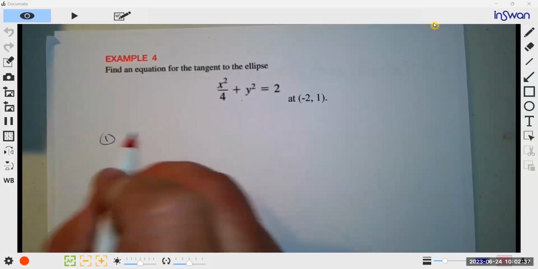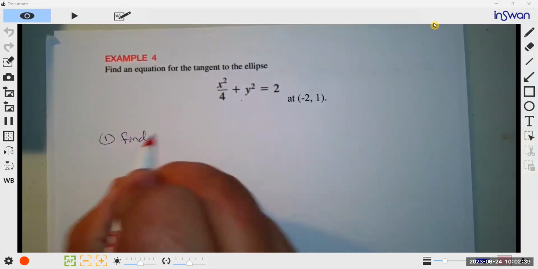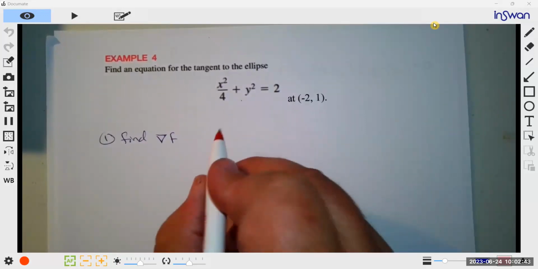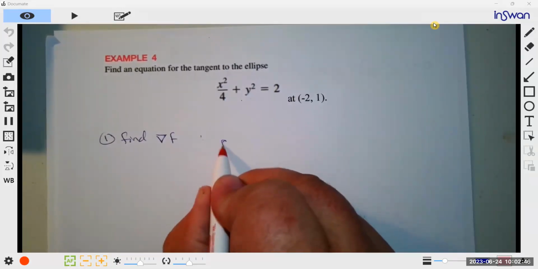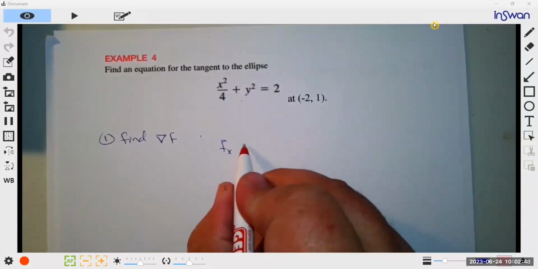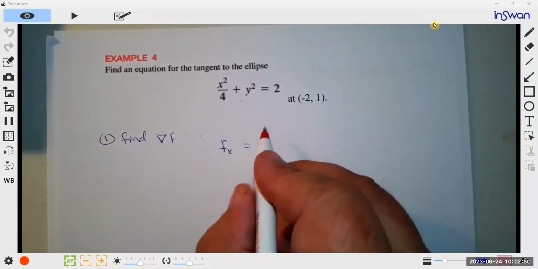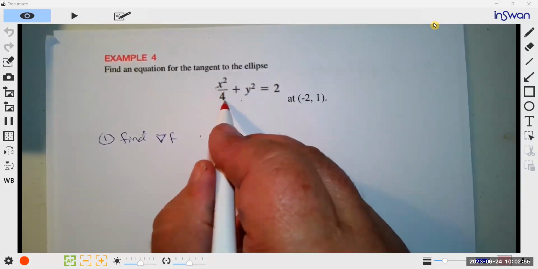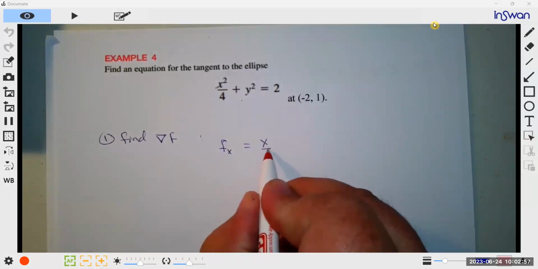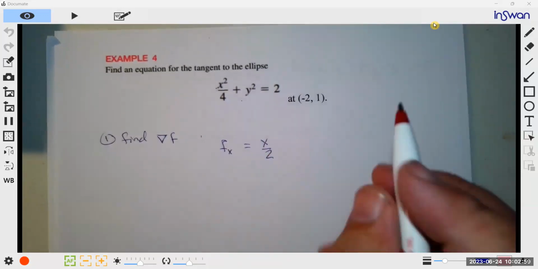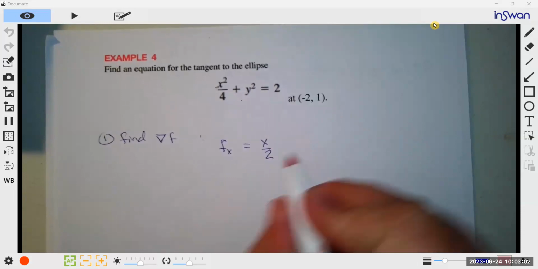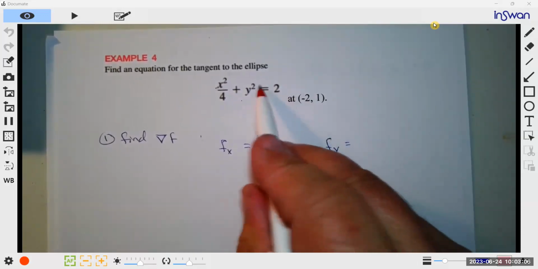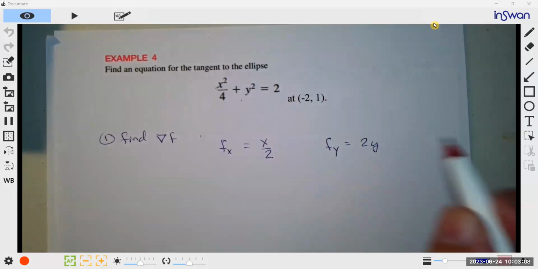So first, find the gradient, which means the partial of f with respect to x. This becomes 2x over 4, which is x over 2. And the partial with respect to y is 2y.